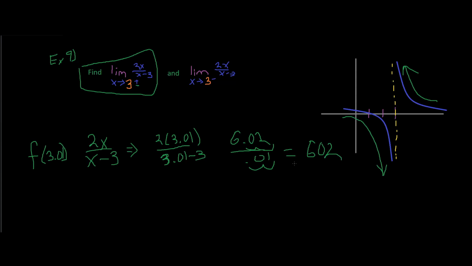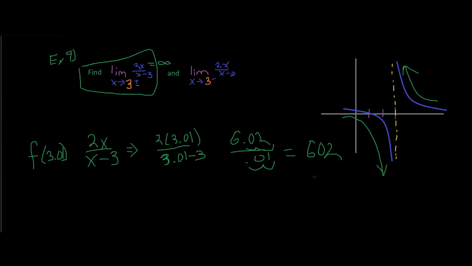So from the right hand side, because this is what it says, it appears as approaching infinity. So we could put equals infinity. Doesn't mean that this limit exists, it just means that it approaches infinity.